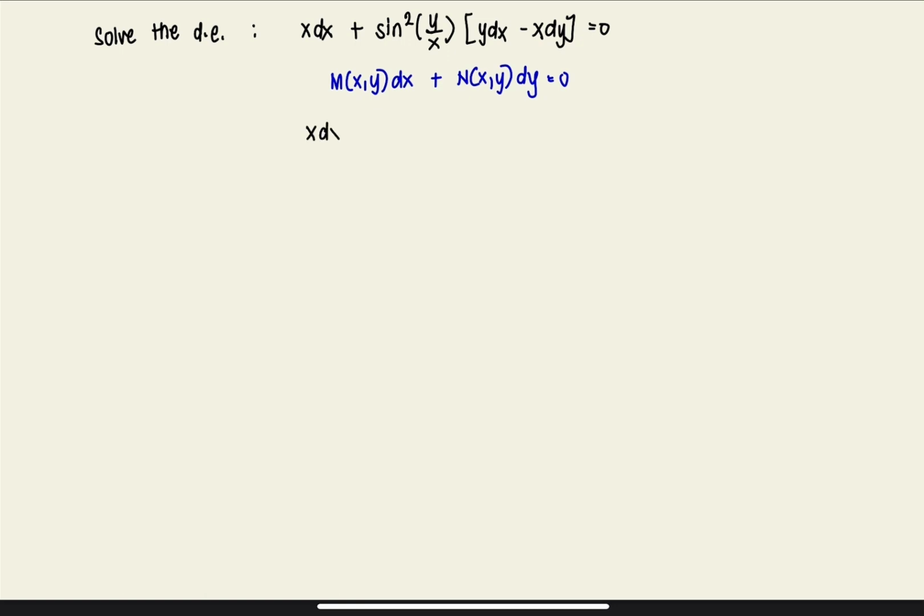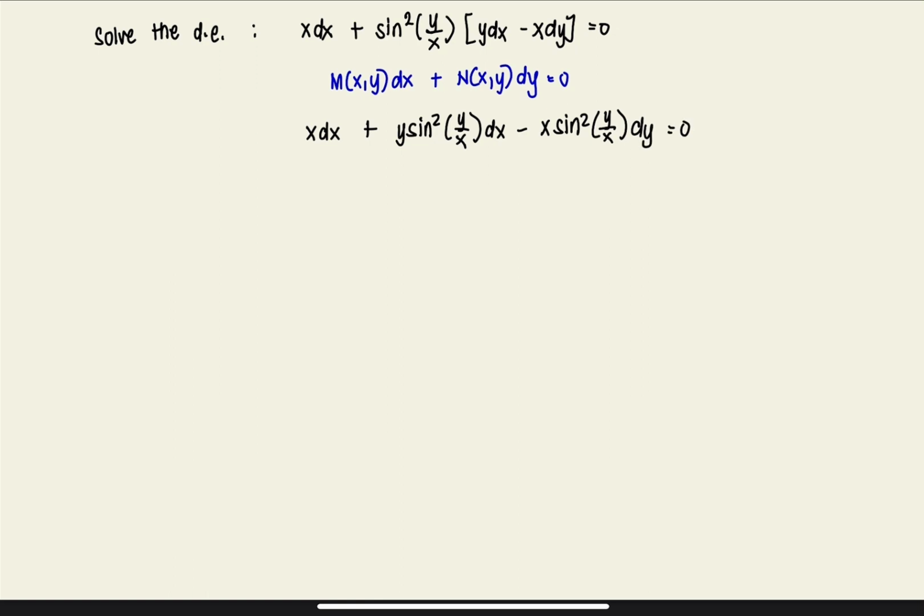So x dx plus y sine squared of y over x dx minus x sine squared of y over x dy equals 0.